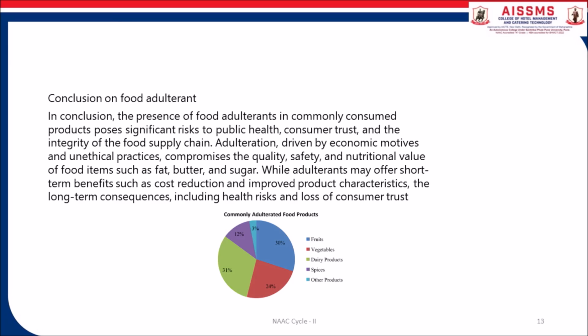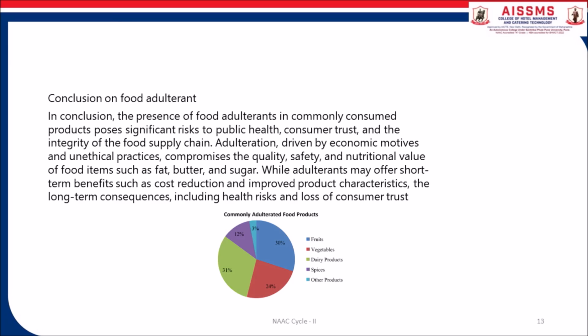Adulteration driven by economic motives and unethical practice compromises the quality, safety and nutritional value of food items such as fat, butter and sugar. While adulterants may offer short-term benefits such as cost reduction and improved product characteristics, the long-term consequences including health risk and loss of consumer trust far outweigh these advantages.